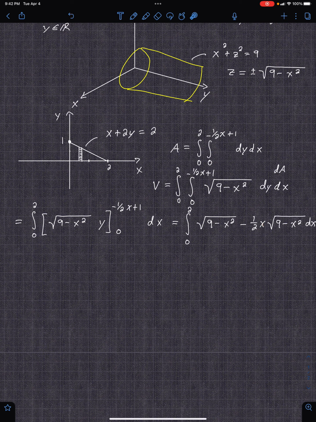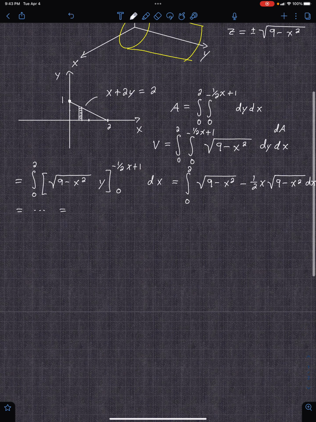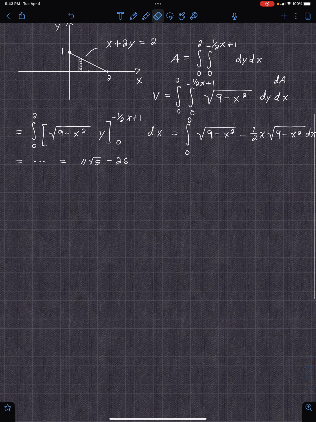So try that, work on that, see what you get, pause it, etc. And you should get kind of a messy answer, but it's 11 root 5 minus 27 over 6, plus 9/2 times the inverse sine of 2/3 as your value. So kind of weird, kind of messy.